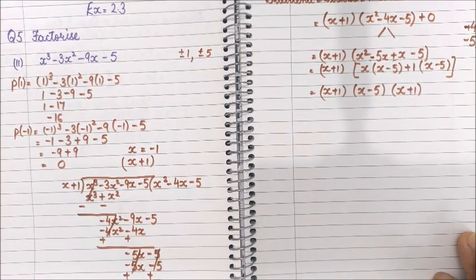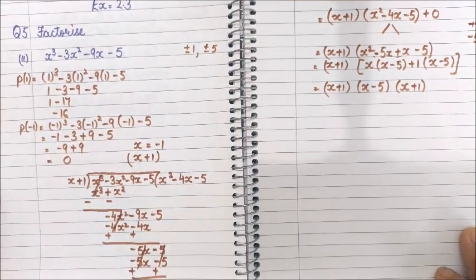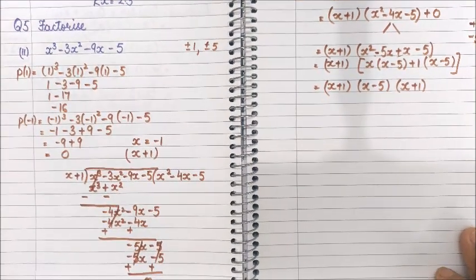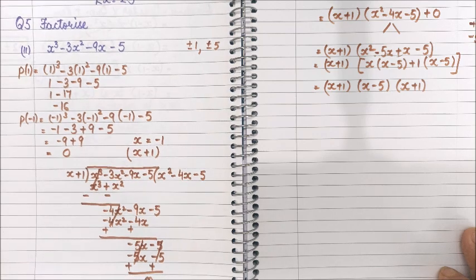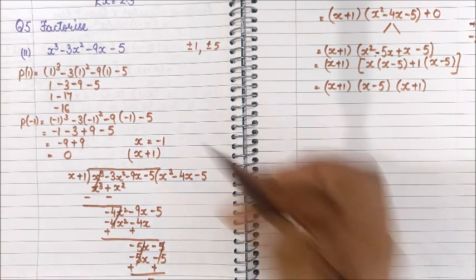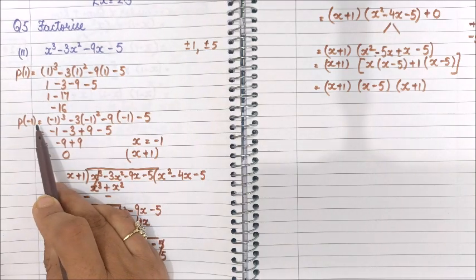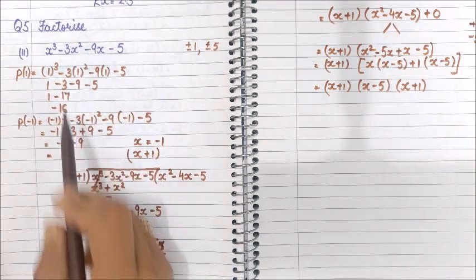Just to give you a small recap. First, we will always look for the factors of the constant term, and by using the hit and trial method, we are going to look for such a value of x which is going to be the 0 of the polynomial. So solving these, I have come to know that putting the value of x as minus 1 makes this polynomial 0.